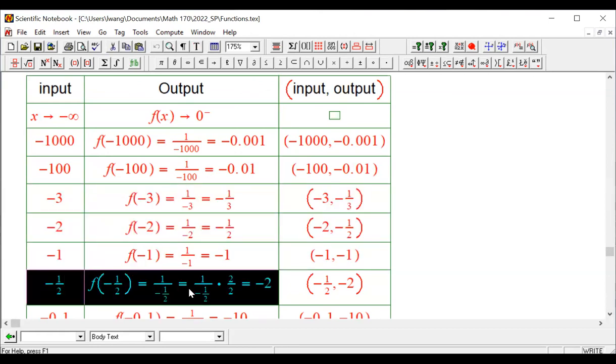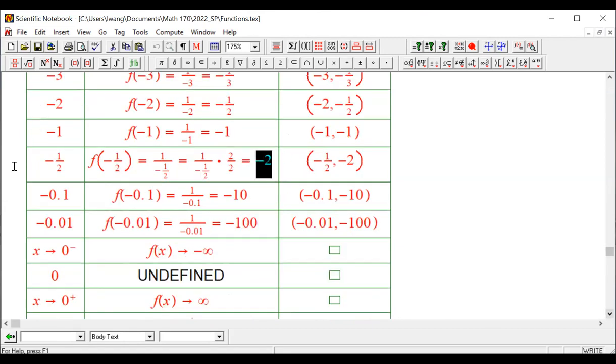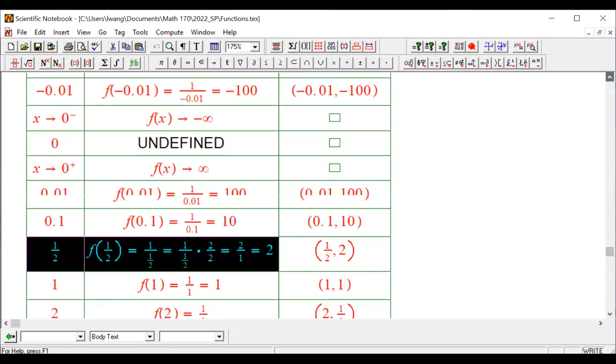The reciprocal of -1/2 is -2, so we have this operation right here. And we cannot have 0. Then there is +1/2.